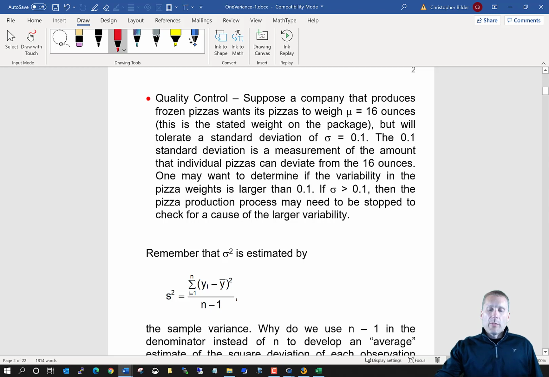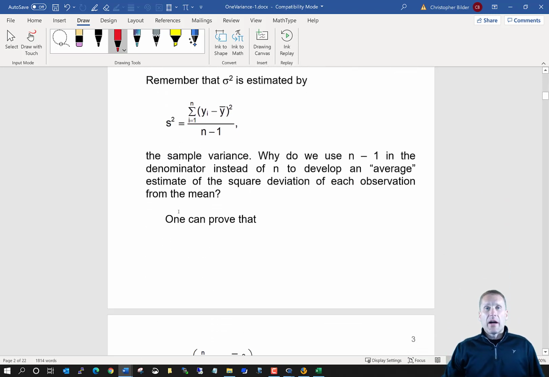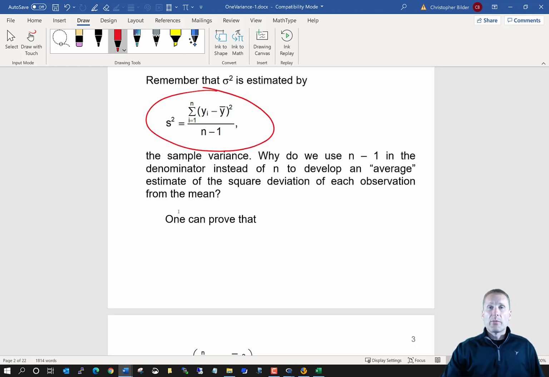Okay, so remember that sigma squared is estimated by the sample variance. Here is the sample variance written in terms of observed particular values. So that's why I have a little s squared there. If we take a look at the equation again, we'll notice that with every observed value that we get, y sub i, we subtract off the mean and we square it. So what we're going to do is look at the squared deviations from the mean.